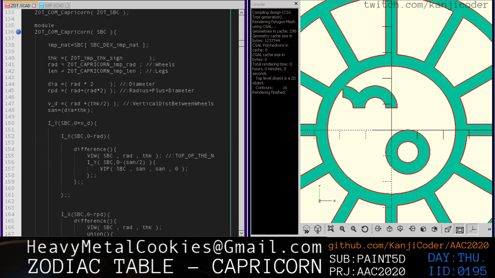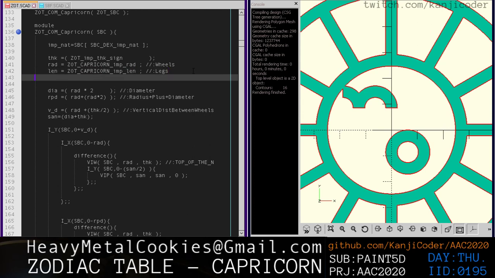Do we have a length variable? We have this kind of length variable here. This is for the legs, so it's not for the tail, right? So for the tail length, we'll just do, I don't know, equals 0.5.